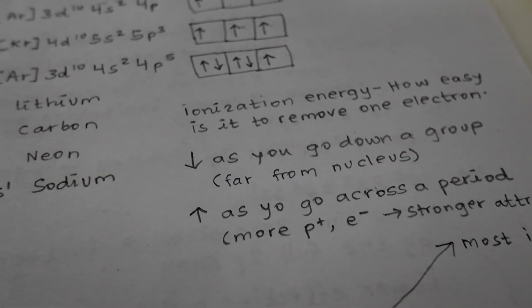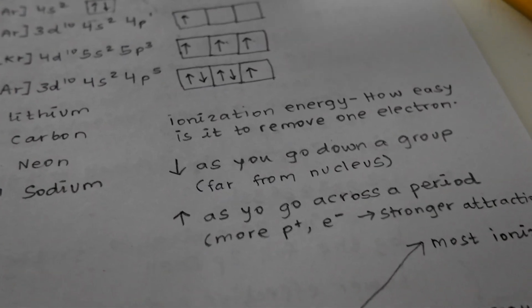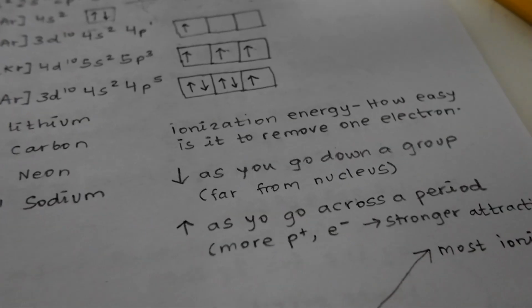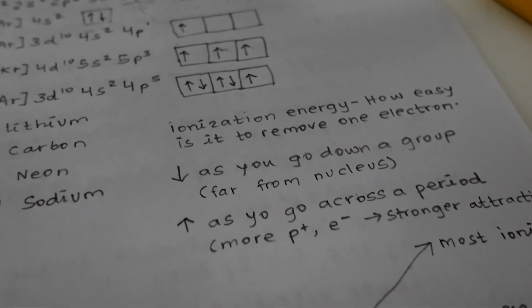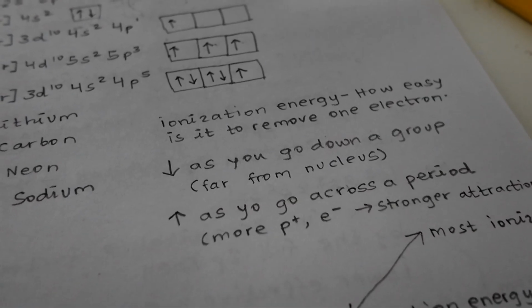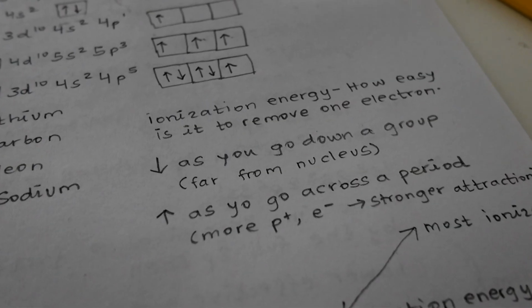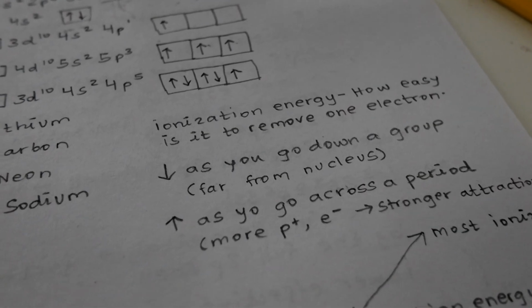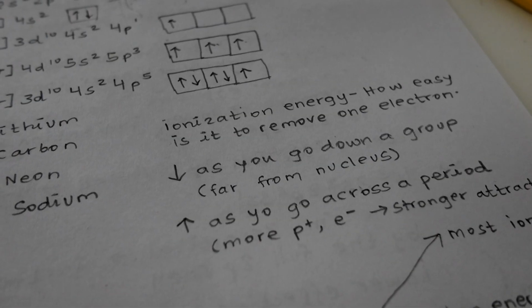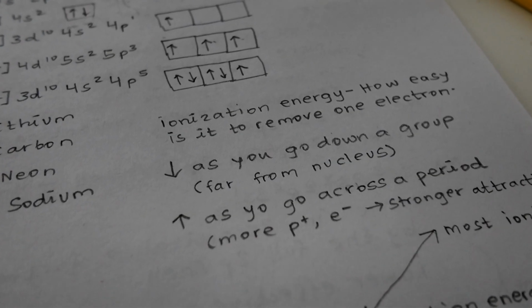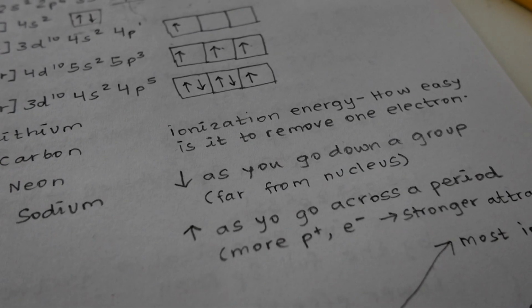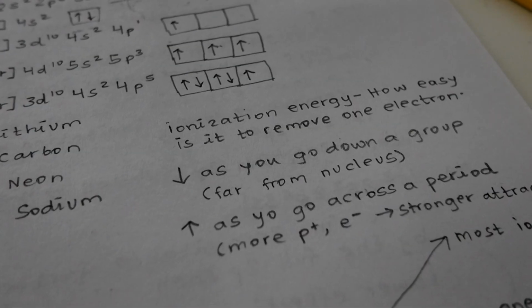It's how easy it is to remove one electron. That's the ionization energy. So as you go down a group, you get less ionization energy because it gets more and more difficult.